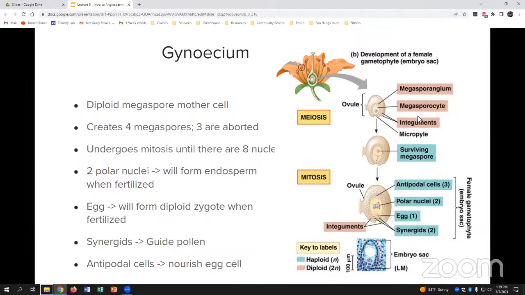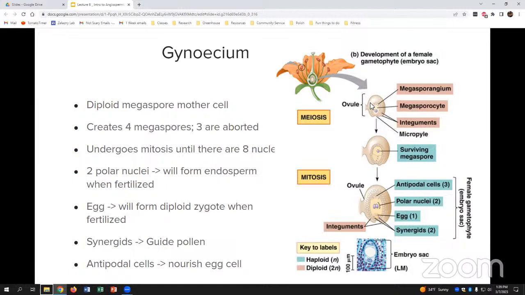Okay. But when we're talking about the female half of this life cycle, so we're thinking about the gynoecium, we're thinking about the stigma, the style, the ovary containing the ovules. Okay. So we're starting in the ovule, and we're going to start with a megaspore mother cell. So this megasporangium, referring to a diploid cell, so that's 2N, right?